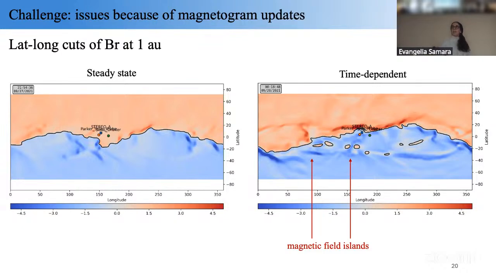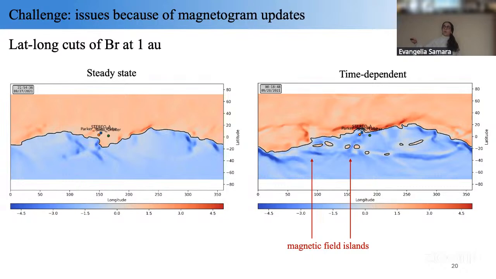So what happens is that if I take a magnetic field island here and I trace back the magnetic field lines to the inner boundary that I was showing you before, I will see that these magnetic field lines from these islands here are being connected to the pseudostreamer area in the Sun, which is quite far away from the heliospheric current sheet, because you see here that also the heliospheric current sheet is here.